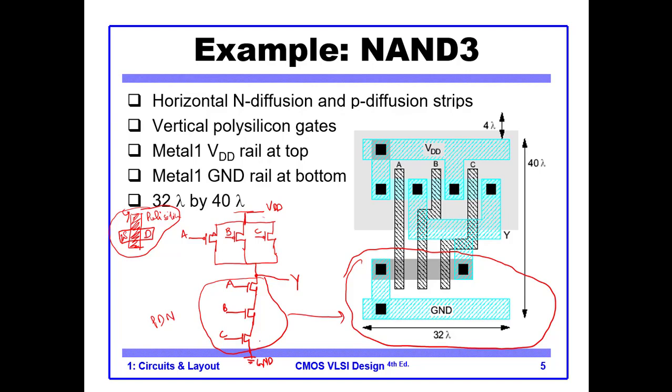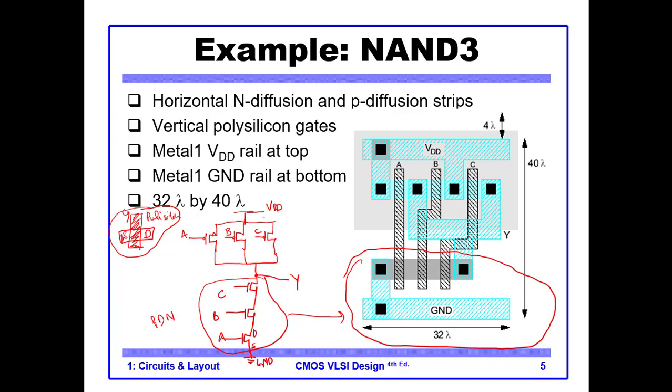Let me make this according to the layout. So this is A, B, C. You see now the source of A is connected to ground, and here is the drain.